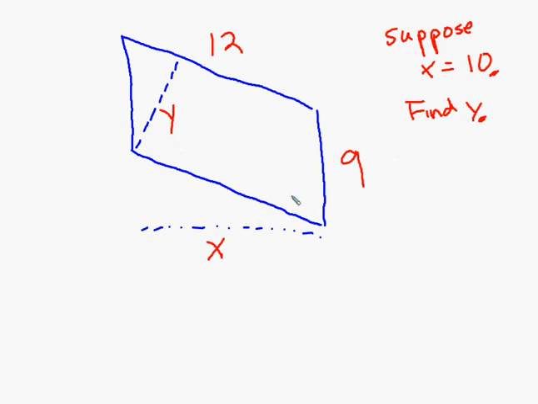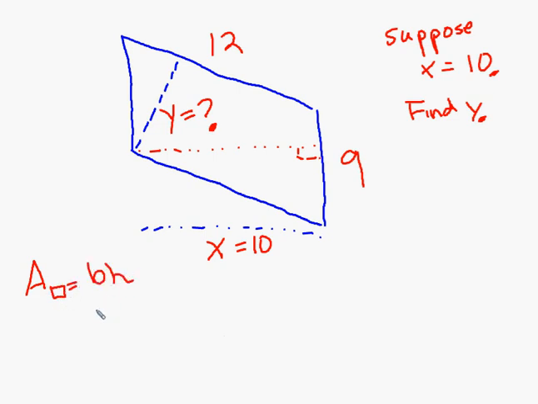I want to find y, because I do not know it. But I am told what x is. X is 10. If I move that 10 in, I see it would be perpendicular to what side? The 9. Okay, so here's what I'm going to do. I'm going to find the area of this shape, base times height.